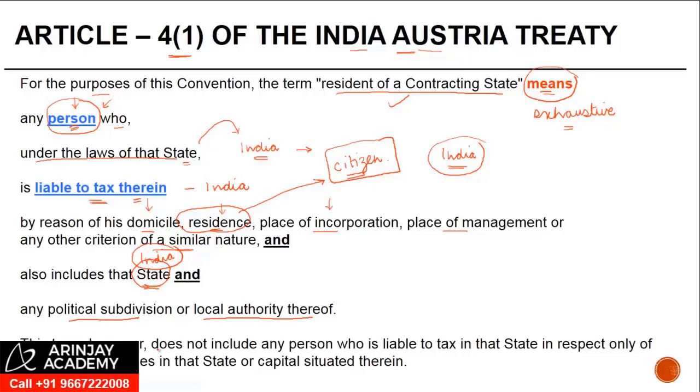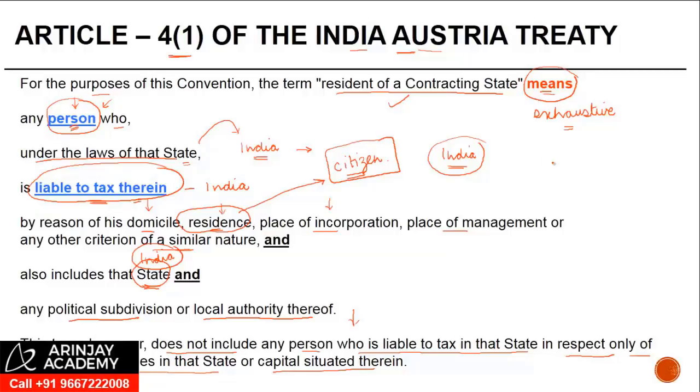This term, however, does not exclude any person who is liable to tax in that state in respect only of income from sources in that state or capital situated therein. Now what this means is that the concept of taxability, the liability to tax, is important insofar as residence is concerned, right?